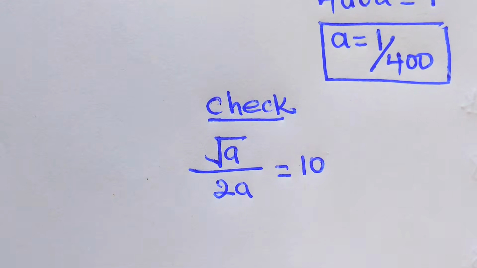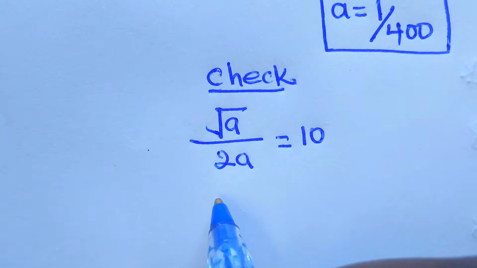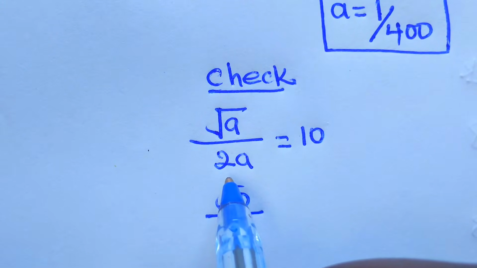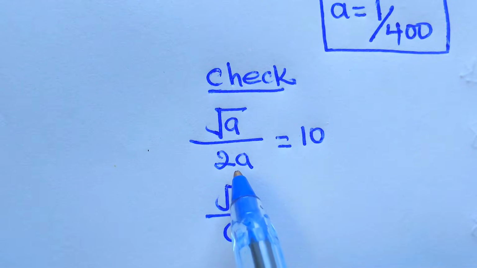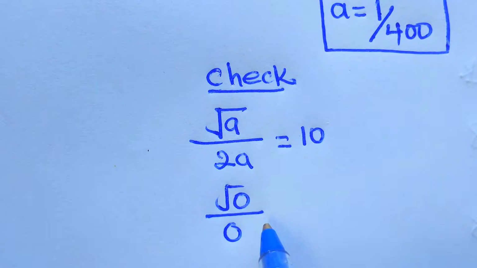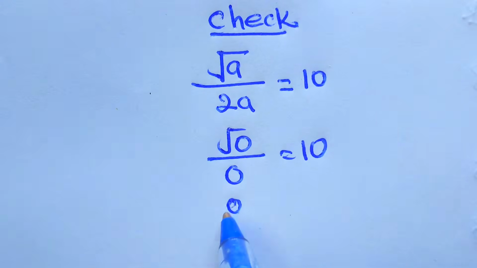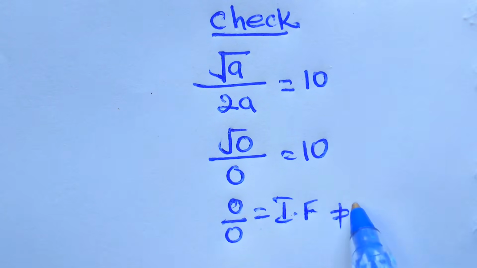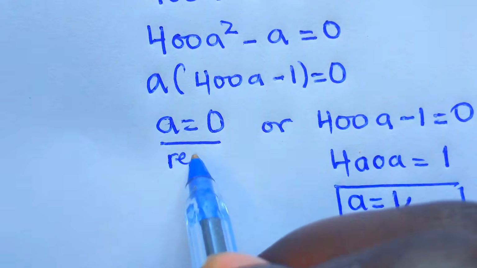We plug in, starting from 0: the square root of 0 over 2 times 0, which is 0 over 0, an indeterminate form, and it should not equal 10. So this 0 should be rejected.